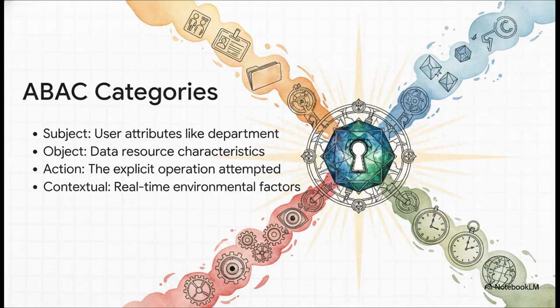ABAC makes exquisitely precise decisions by dynamically evaluating real-time data across 4 distinct categories. You have subject attributes about the user, object attributes about the data, action attributes dictating the operation, and critically, contextual and environmental attributes. Think about evaluating the real-time geographic location of an IP address or the exact time of day before granting access. It's incredibly powerful.